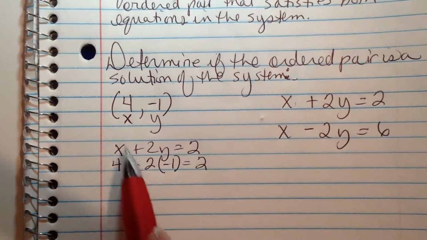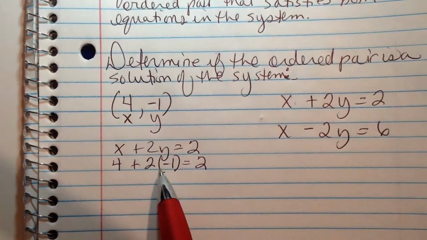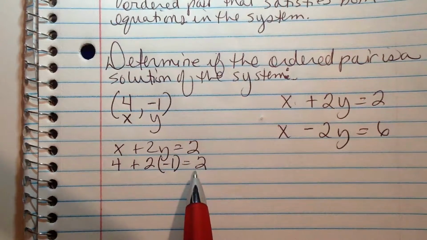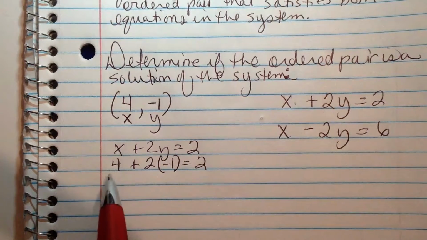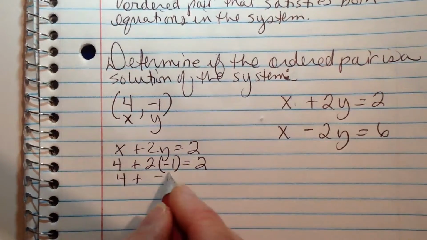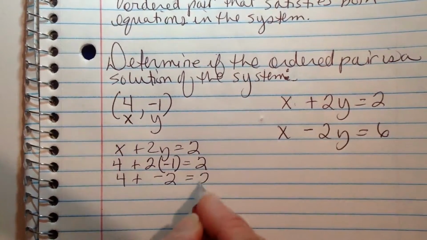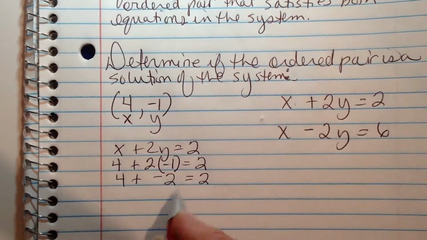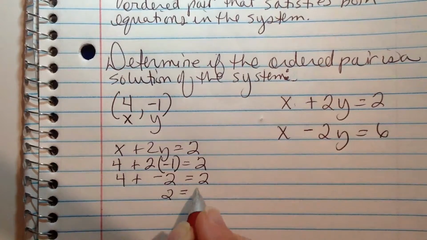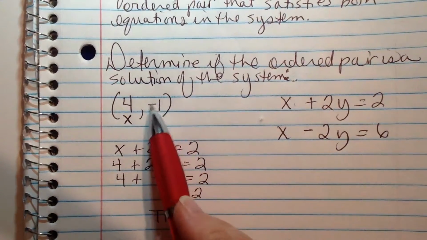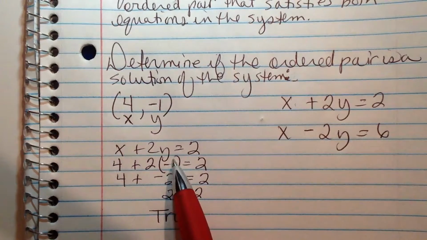So I replaced x with 4 and y with negative 1. Now we want to see, does the left side of this equation equal the right side? So I have 4 plus 2 times negative 1 equals 2. Continue working on the left side. 4 plus negative 2 is 2. Since 2 equals 2, yes, this is true. The point is on this line.